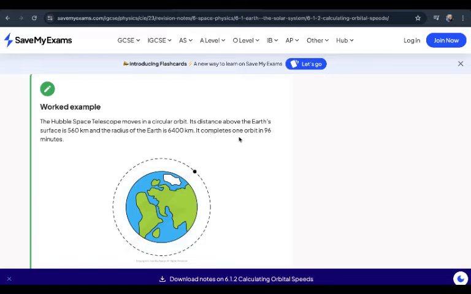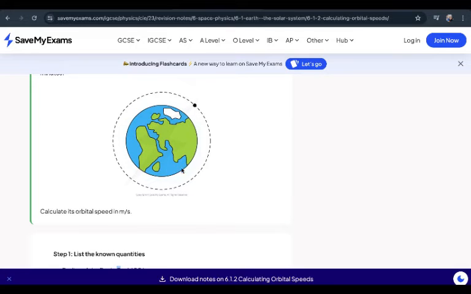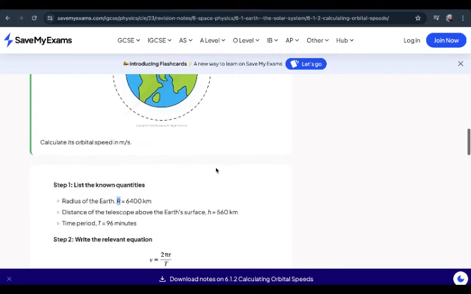It completes one orbit in 96 minutes. Calculate the orbital speed. Now they want us to calculate the speed at which this Hubble telescope was moving above the Earth, and it takes one time period to complete one orbit. So they want the speed.